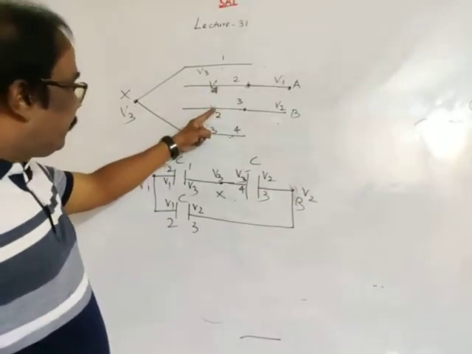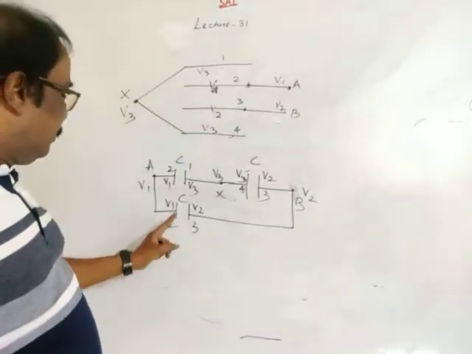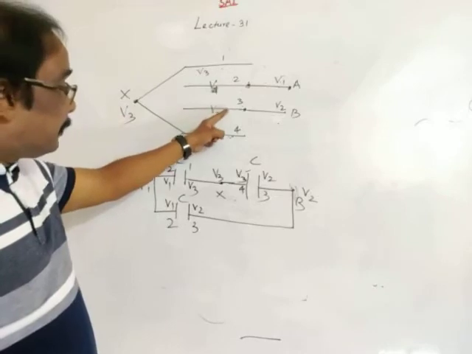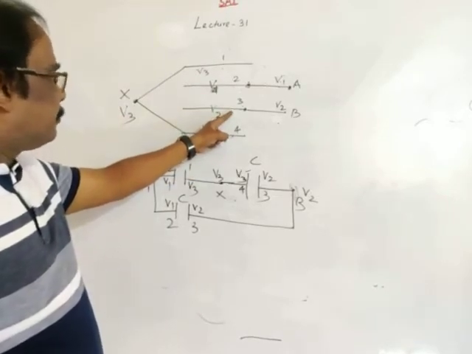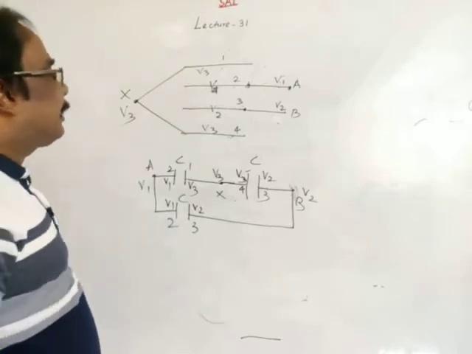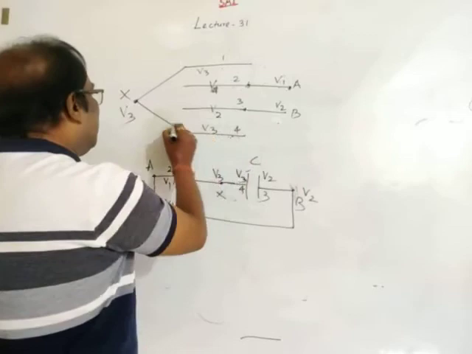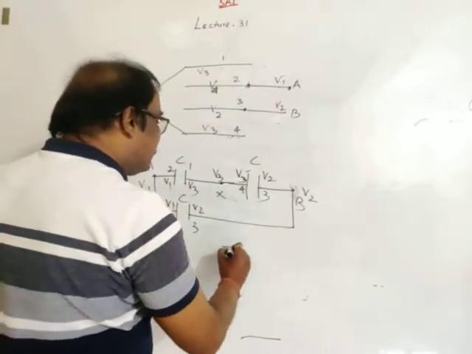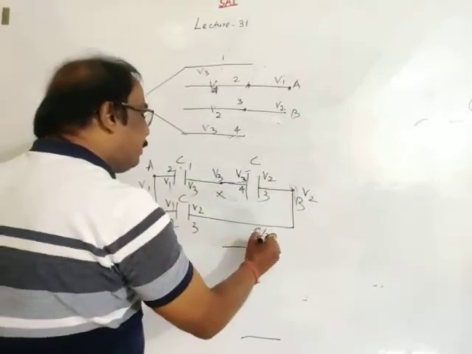So between the second and third, and between the third and fourth plate. The third plate is connected to B, potential is V2. The fourth plate is connected to X, potential is V3, it is easier. These two are in series, C by 2.